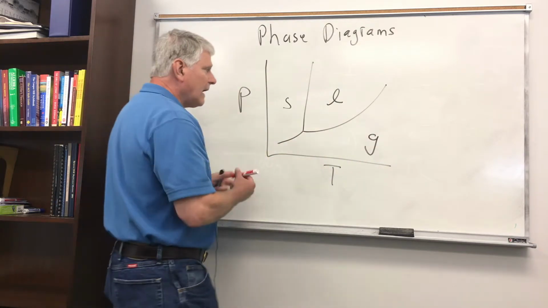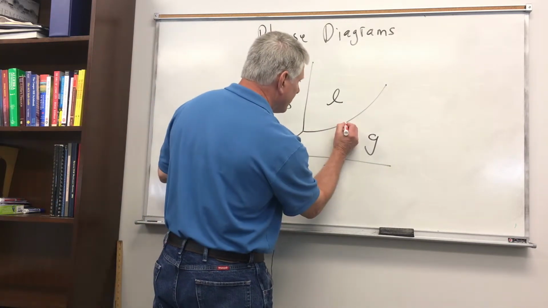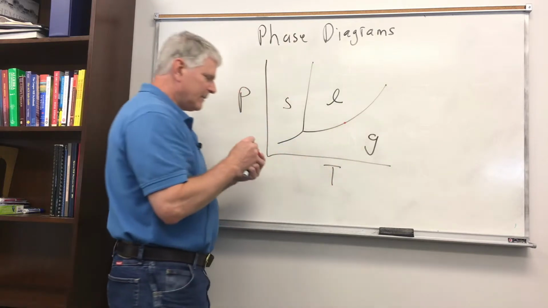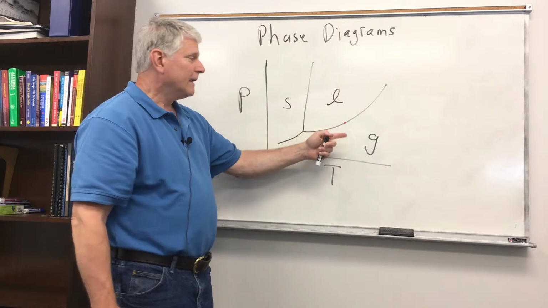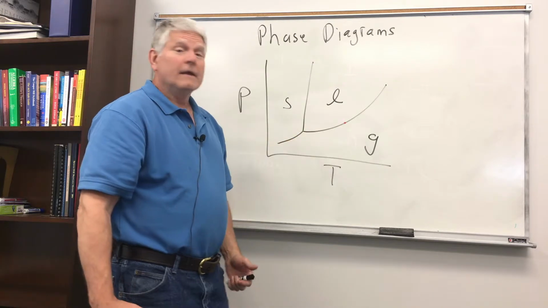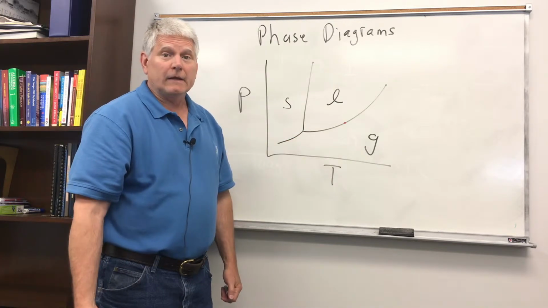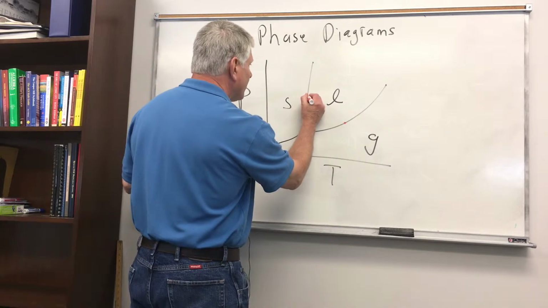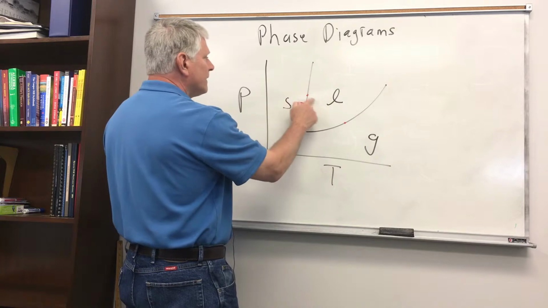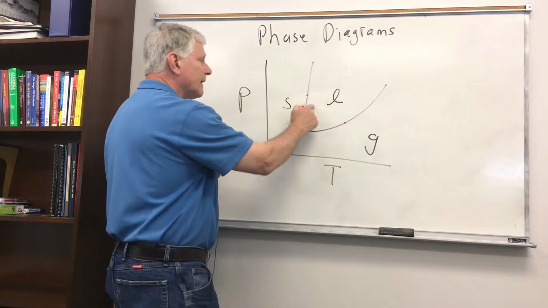If I'm on the line right there, that means that liquid and gas are equally stable. And so on the line, I will have boiling of the liquid. If I'm at this point right here, solid and liquid are equally stable.